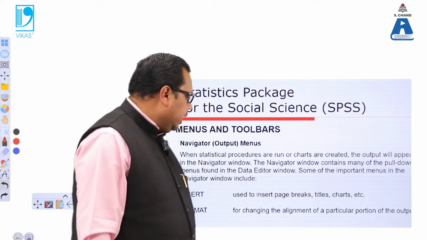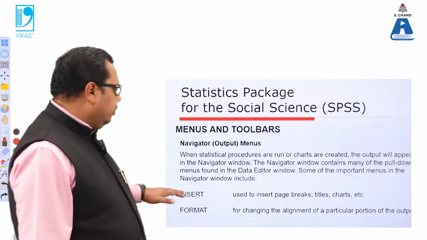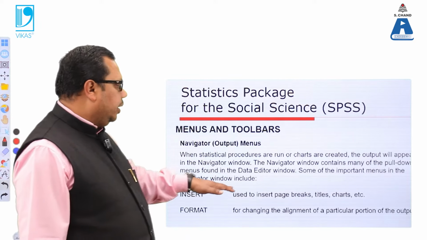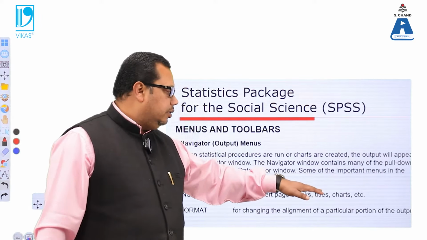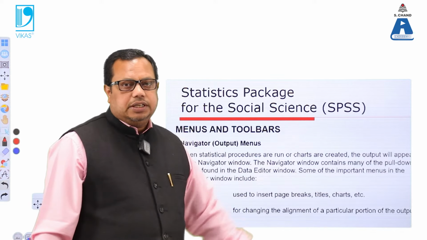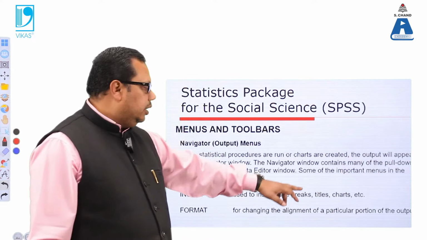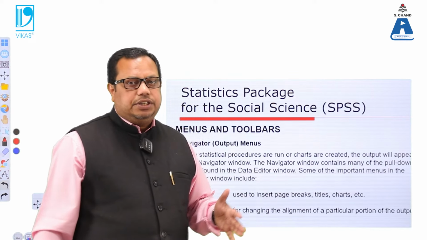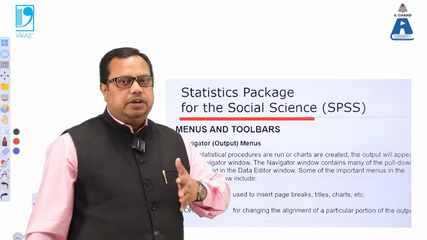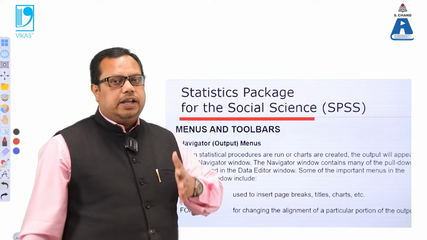In the toolbar we have the insert option. We can insert a particular value with a particular title, with the chart values, in the sense of whatever values of the data that we are using. Suppose in the chart there is x, y, z, then x1, y1, z1, and then x dash, y dash, z dash.